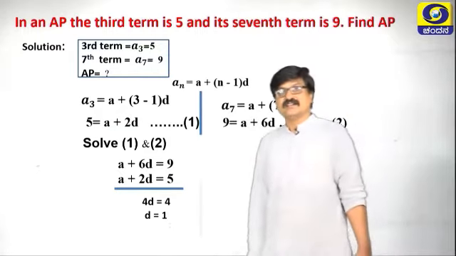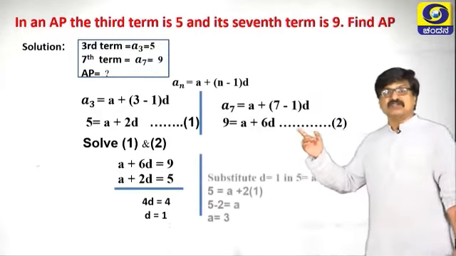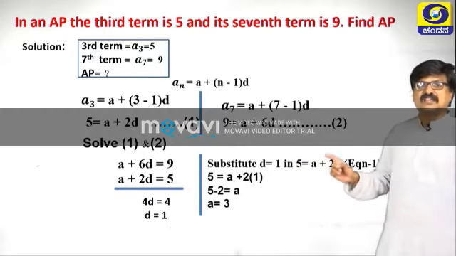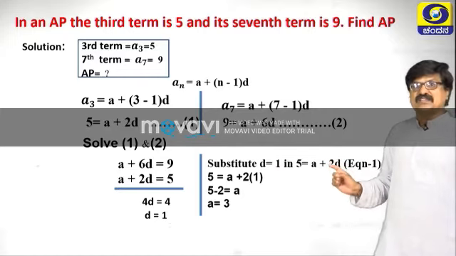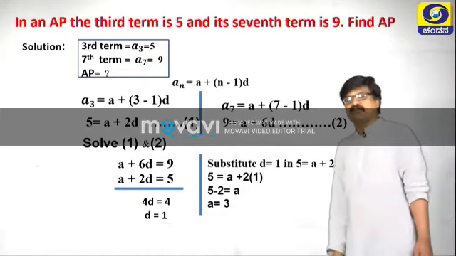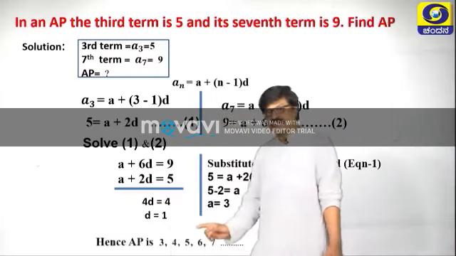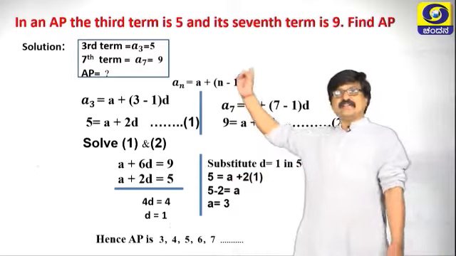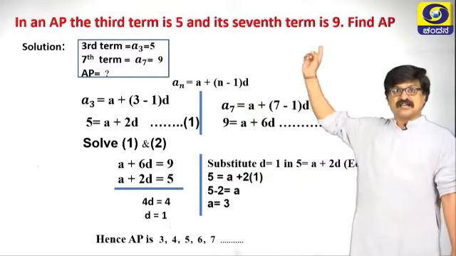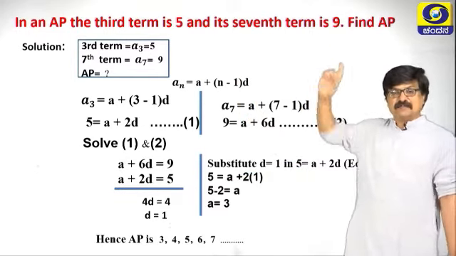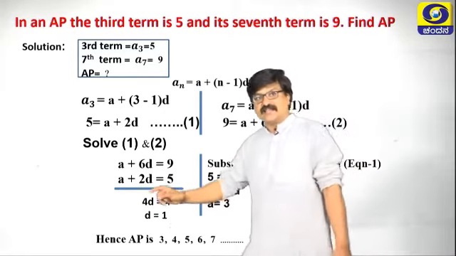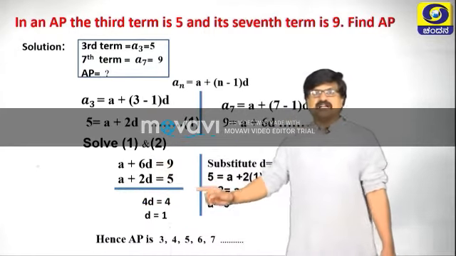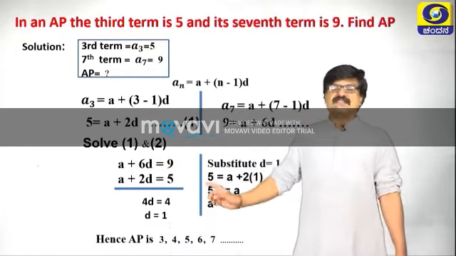After getting d, consider any one of these two equations, substitute d is equal to 1 in 5 equals a plus 2d, that is equation number 1. Finally, after getting d and a, we can write the AP, because here we have to find the AP. Hence the AP is 3, 4, 5, 6, like this we are getting.